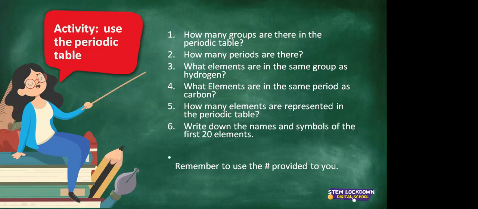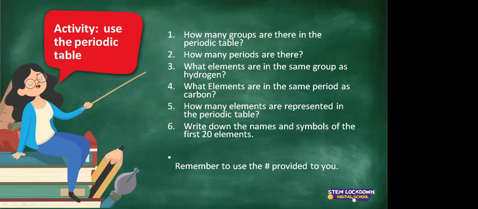How many elements are represented in the periodic table? We said there are 144. So write down the names and symbols of the first 20 elements.